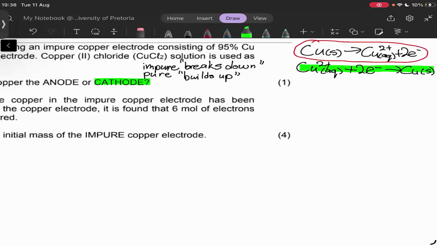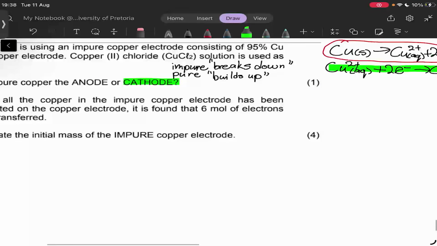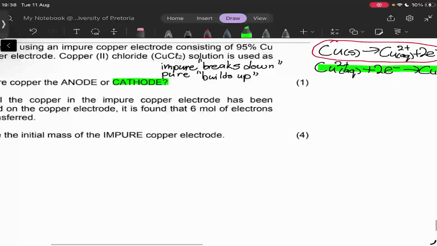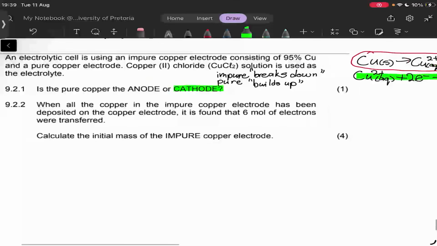Reduction is gain. If I'm gaining at the cathode, I can expect to see the cathode increase in mass. You don't necessarily remember this as a hard rule. The whole point is to learn all of this, understand it, and apply it on a case by case basis. This is how I would figure out that the pure copper is the cathode.